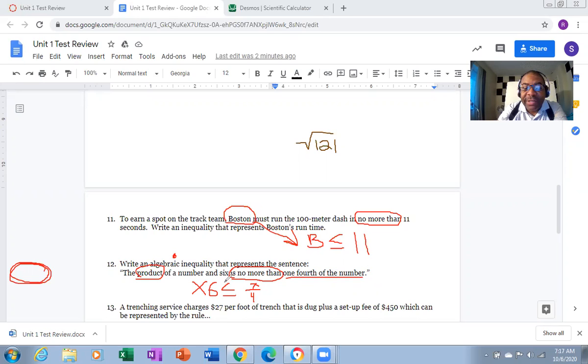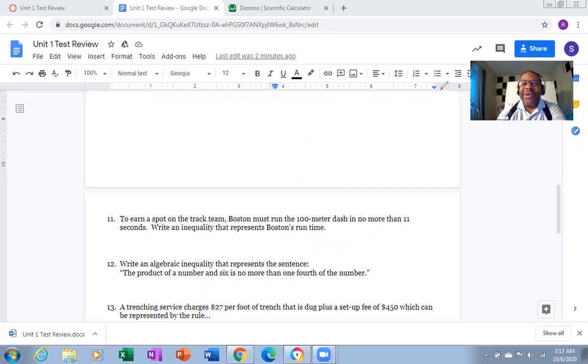So x times 6 is no more than 1/4 of the number. X times 6 is less than or equal to x divided by 4. Okay, so you see how we did that? That's how it goes. All right, so do well.